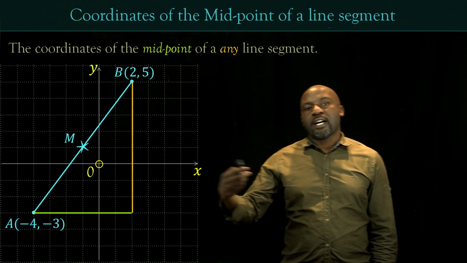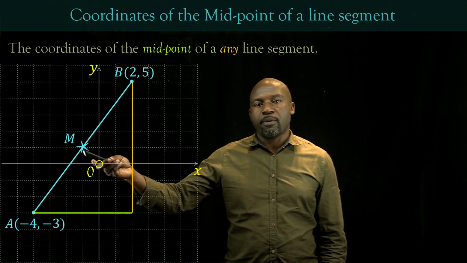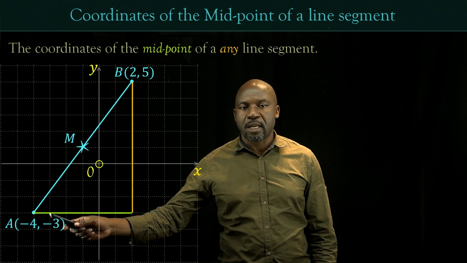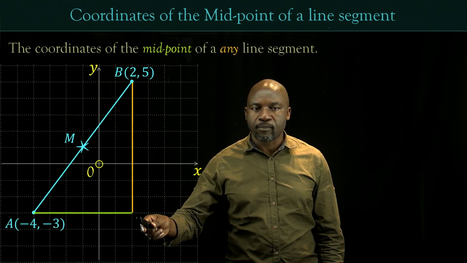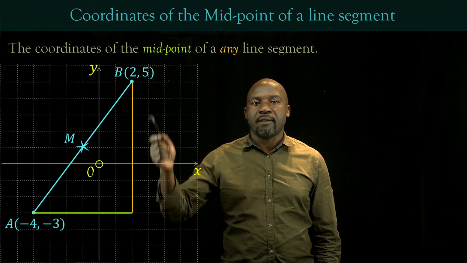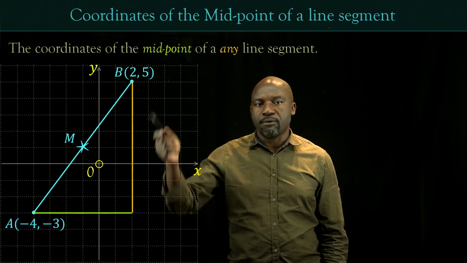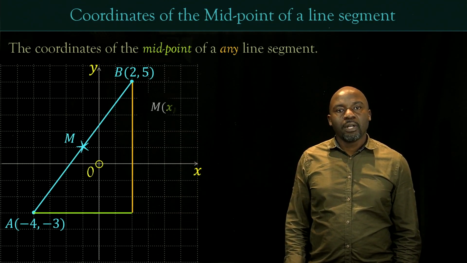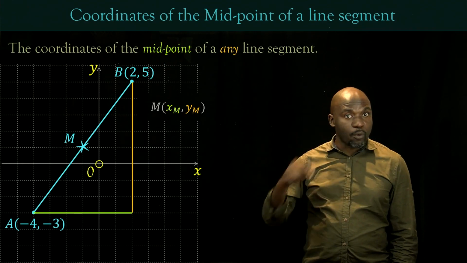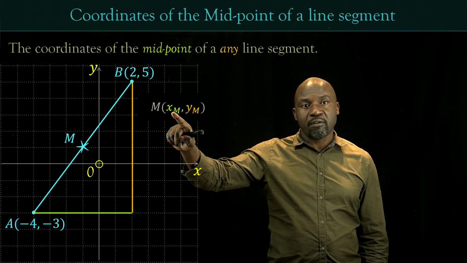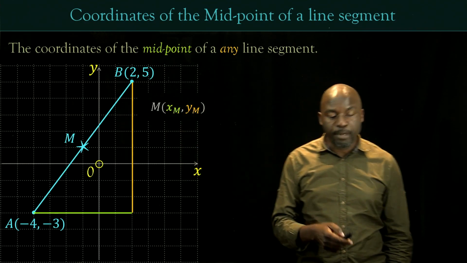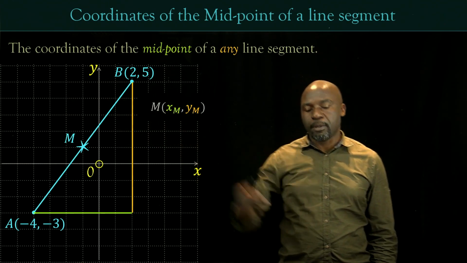So to find the x-coordinate of the midpoint, I have to use the same ideas with this horizontal line. And to find the y-coordinate, I have to use the same ideas for this vertical line. So this is the x-coordinate of the midpoint, and that's the y-coordinate of the midpoint, M there for midpoint.